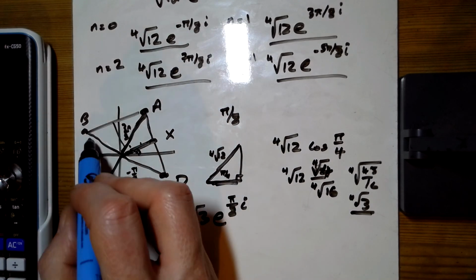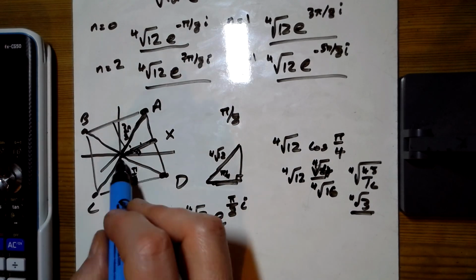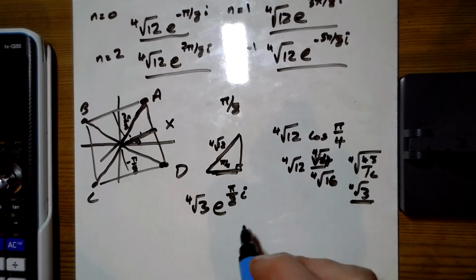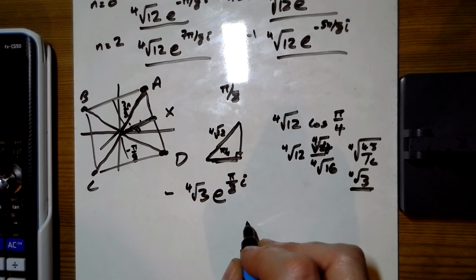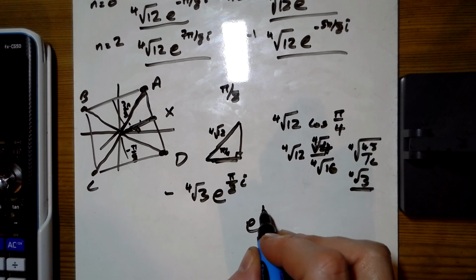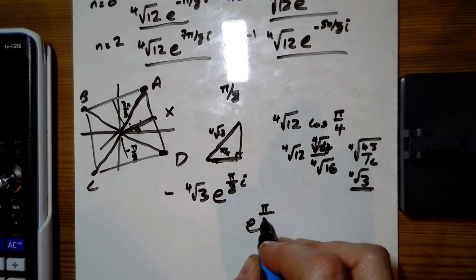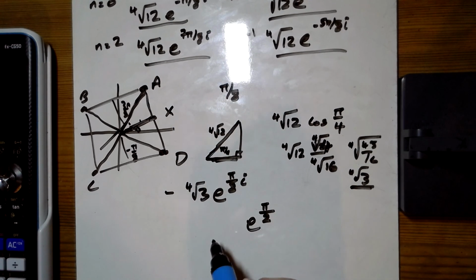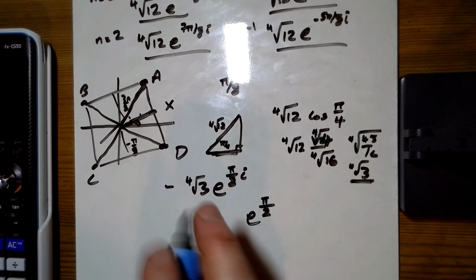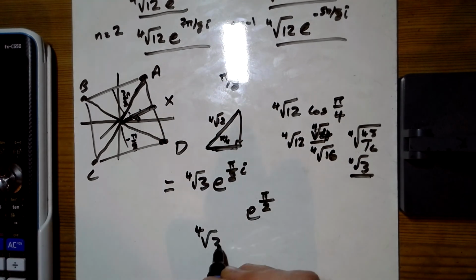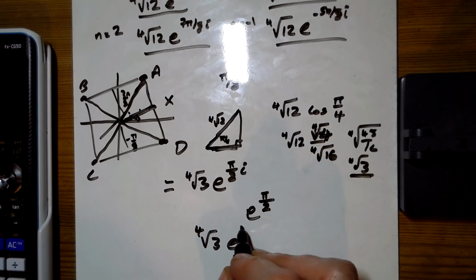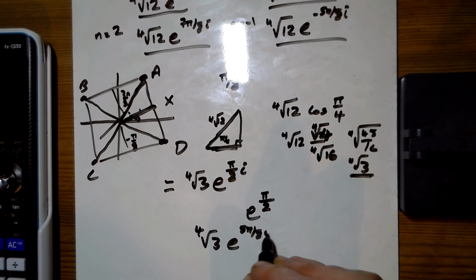Now, all of the other ones are just going to be the midpoints of all these other sides. So that's the first point, and I'm now just going to times each of these by e to the pi over 2 to rotate it round. So it's going to give me the fourth root of 3 e to the 5 pi over 8i.